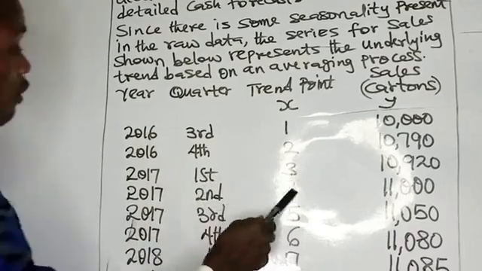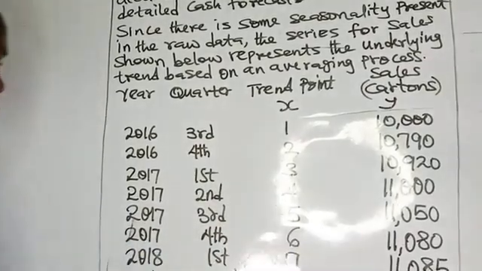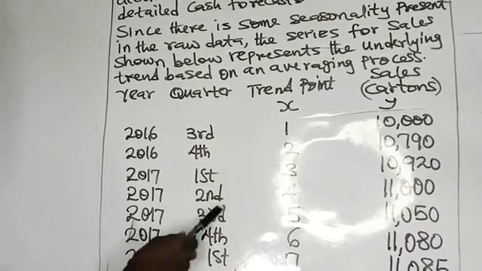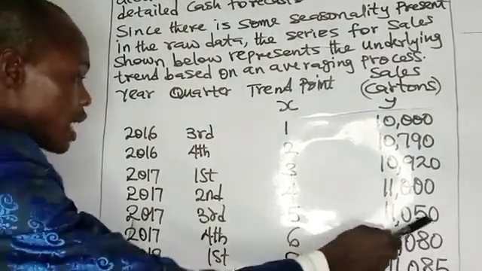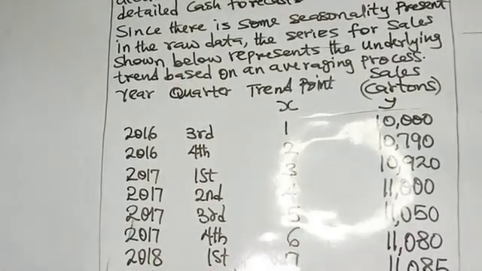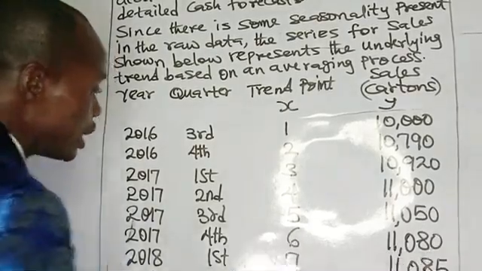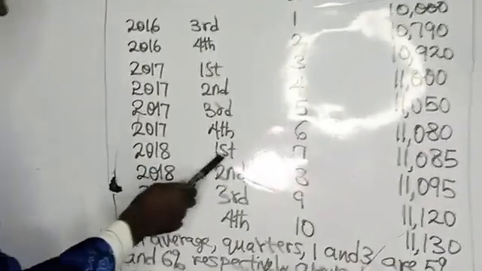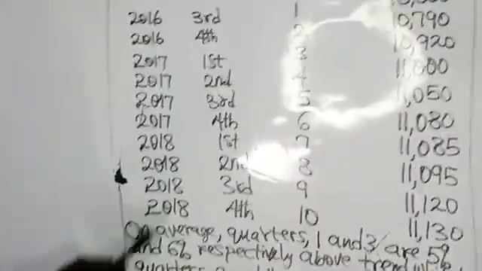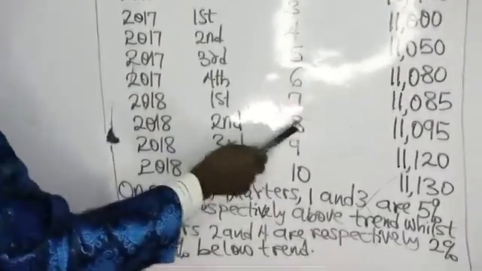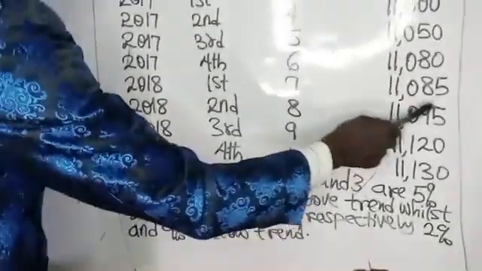Second quarter, 11,000. Third quarter, 11,050. Fourth quarter, 11,080. 2018 first quarter, 11,085. Second quarter, 11,095.